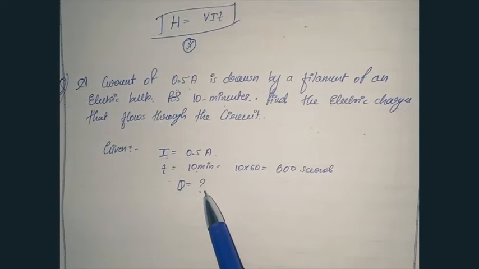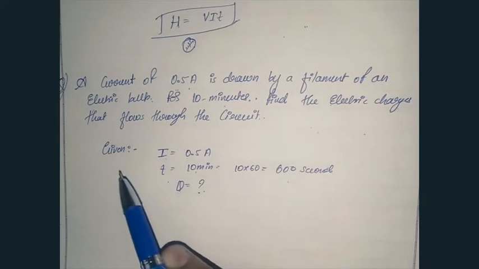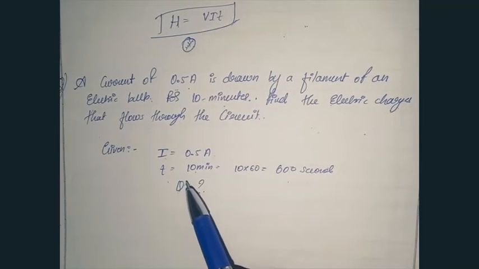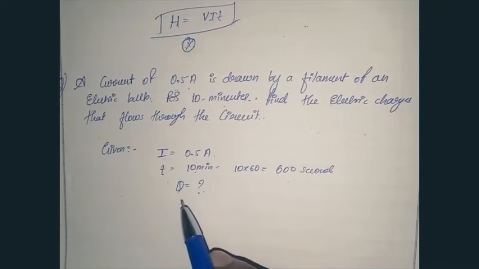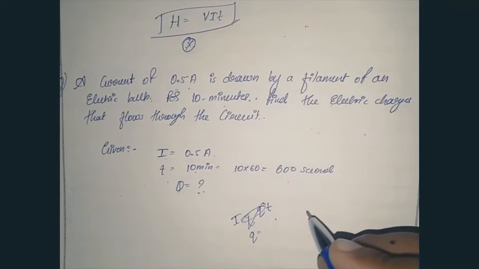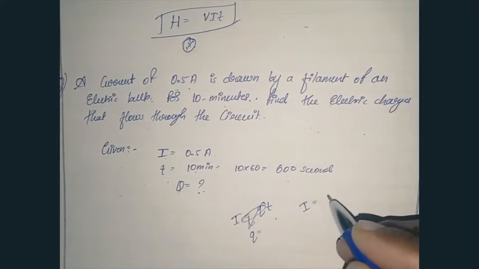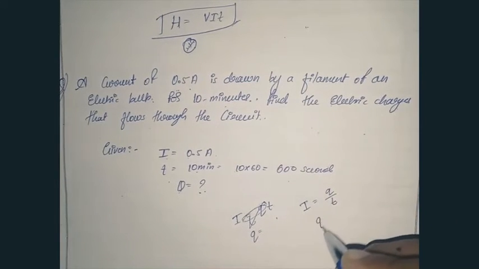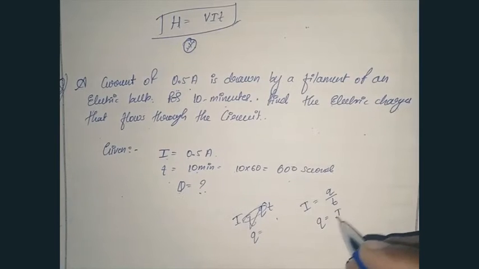While solving numericals in examinations, always write the given. Even if you don't know anything else, at least write the given, so that you get half marks also. This is very basic. We know that current is the flow of electric charge, so if I want Q, I can write Q is equal to IT.